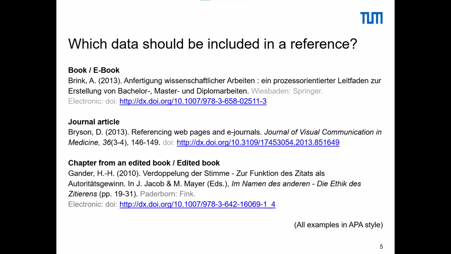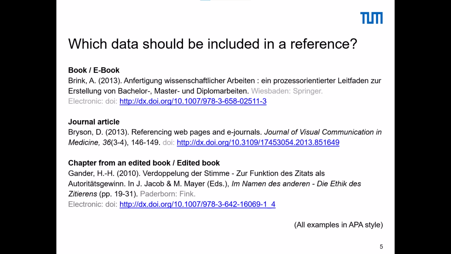And then we always have information on where the source was published. This can be, for example, the place of publication and the publishing house. This can also be a URL, or in the case of a journal article, the name of the journal and the volume and issue and page numbers in which this article was published. And we do it similarly with chapters from edited books.